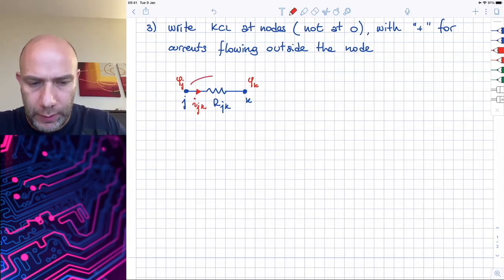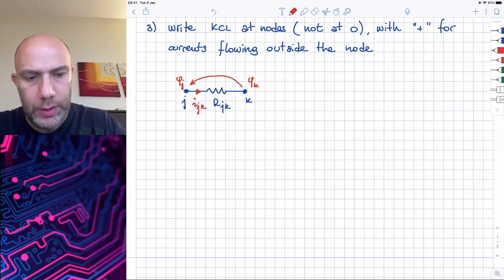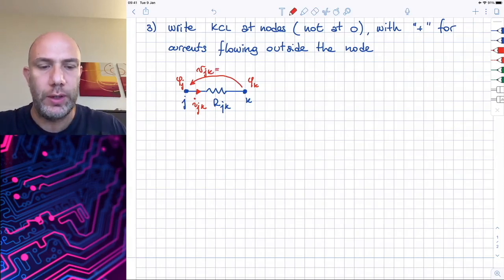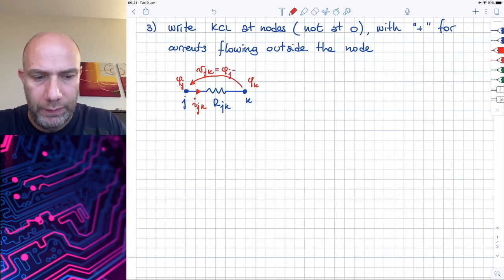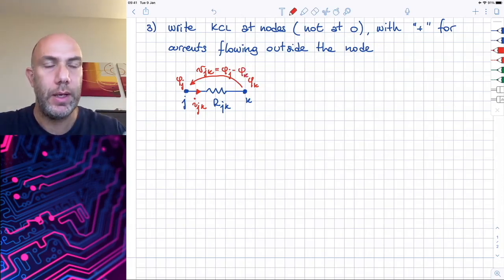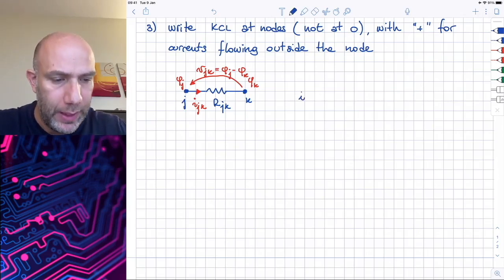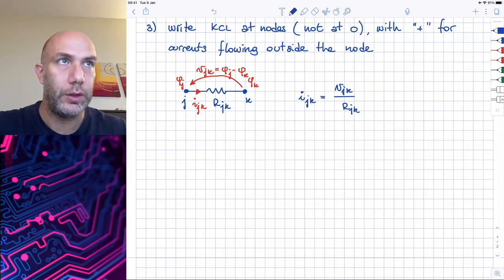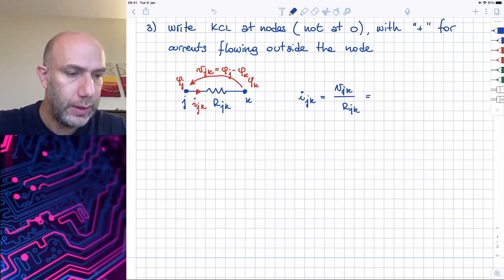It's clear that the voltage drop across this resistor, VJK, is the potential difference between phi J and phi K. And so, applying Ohm's law, we can easily write that IJK equals VJK over RJK. Or, in terms of potentials, is phi J minus phi K divided by RJK.